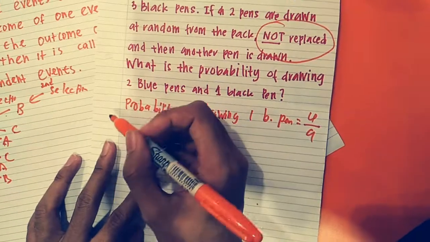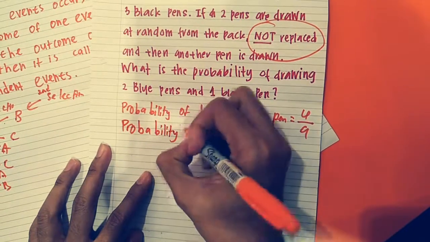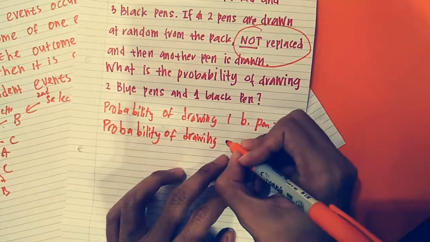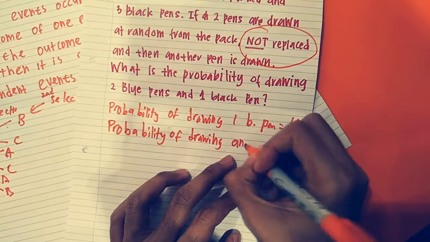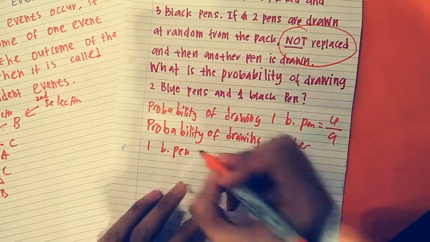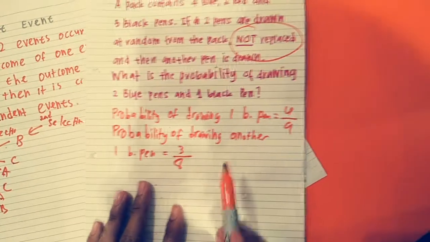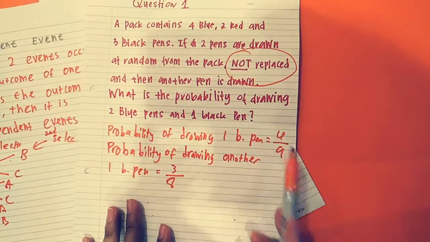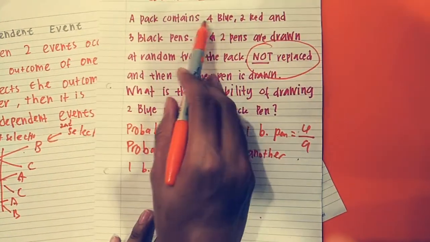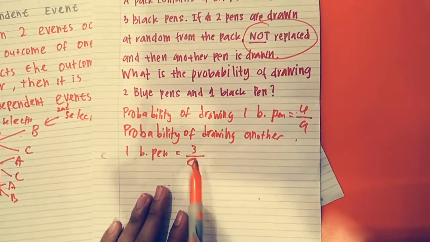However, for the second one, another blue pen equals 3 over 8. This is because after we took out one blue pen, there are only 8 left, right? 9 and then 8. And there were only 4 blue, then we took out one blue pen, so 3 are left. So it's 3 over 8.